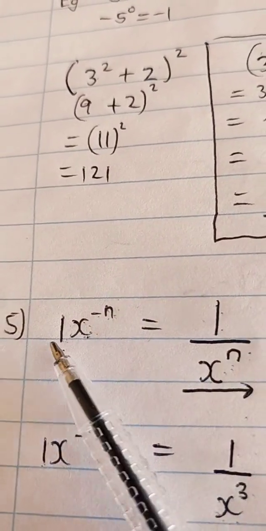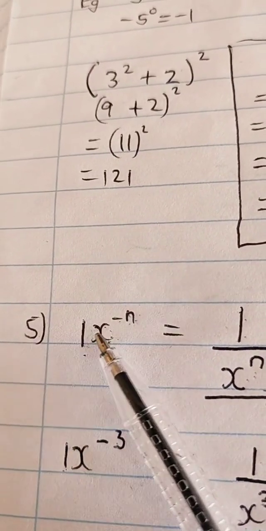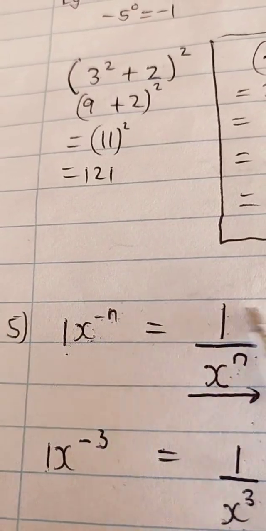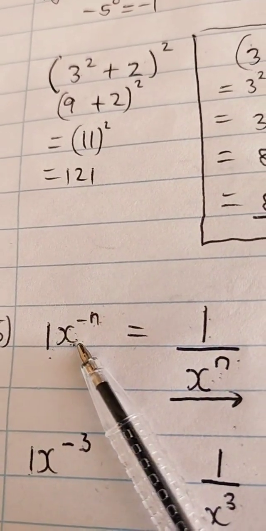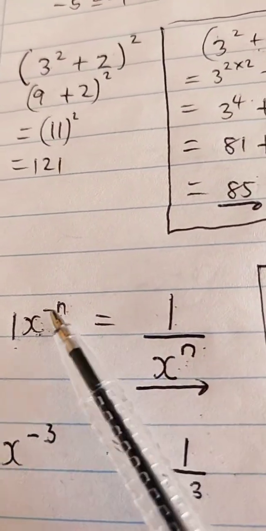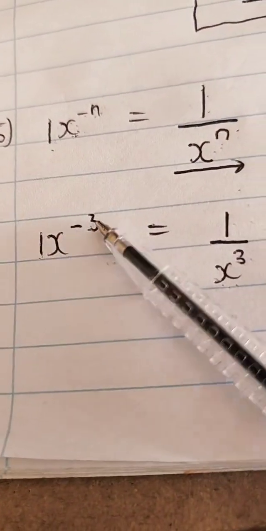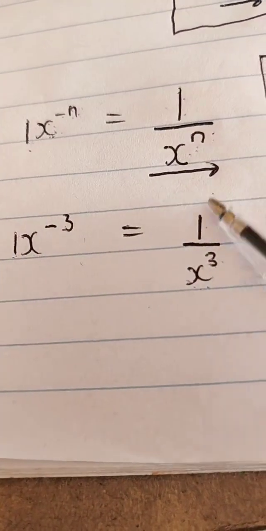Why 1? Because there was a 1 multiplied to the variable x. That's why the 1 gets left behind, the x leaves its position of being in the numerator, goes to the denominator, and the exponent changes sign from negative to what? To positive. So that is why, for instance, we say x to the power negative 3 is actually equal to 1 over x to the power 3.